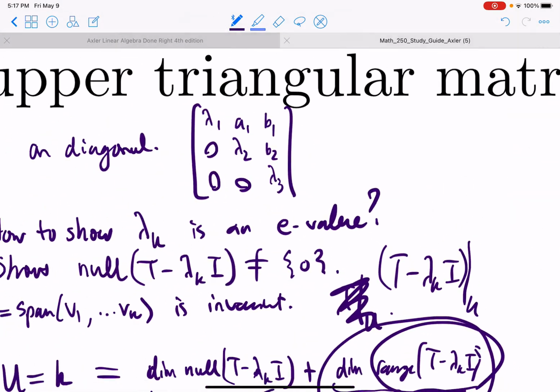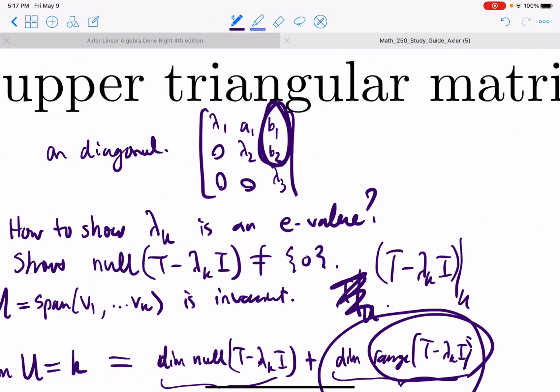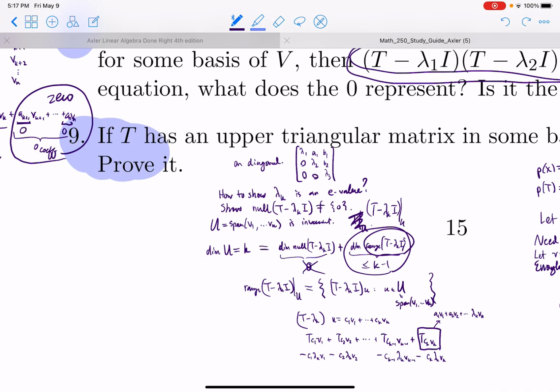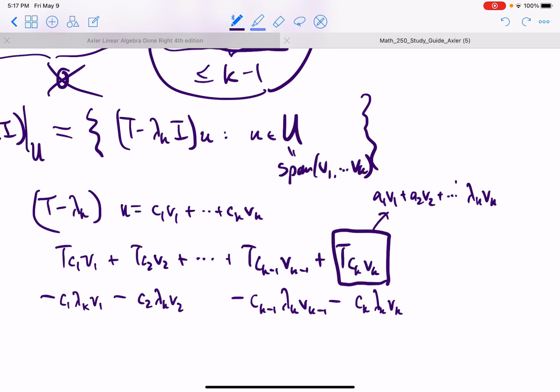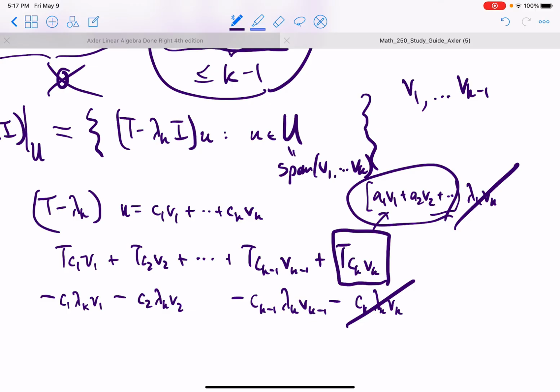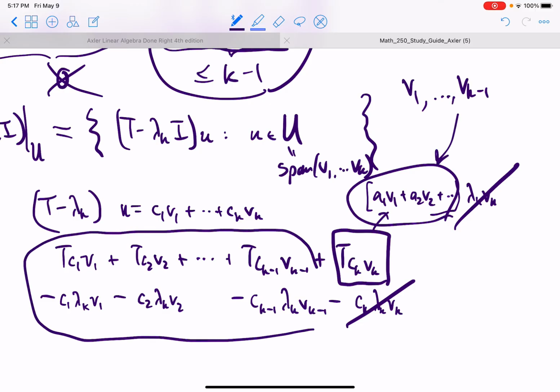Our operator has some stuff above, but we don't care about any of these. They are there, though. But this part is going to cancel this part. All of these are linear combinations of v1 through vk minus 1 only. So we get that the dimension is at most k minus 1.